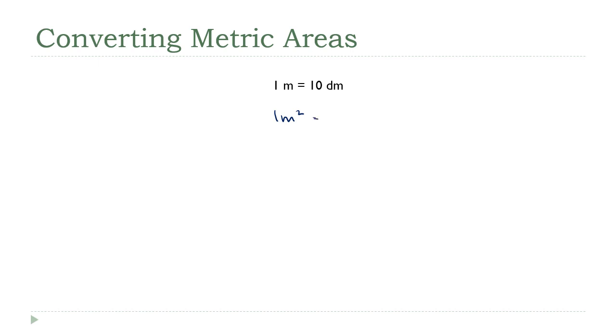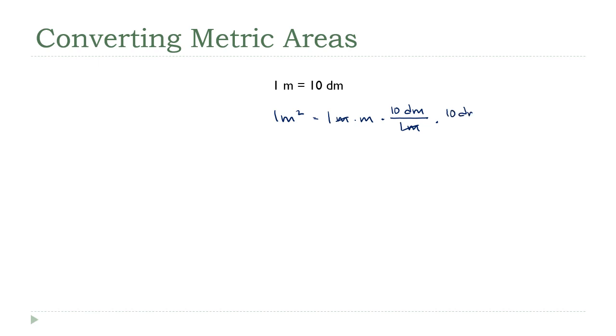1 square meter. Well, what does it mean to square something? You multiply it by itself. If I wanted to convert meters to decimeters, how does our unit conversion process work? The decimeters number goes on top, and the meters number goes on the bottom. This is good, but it doesn't get us quite to where I want to be because this only canceled one of the meters. Suppose we do it again.